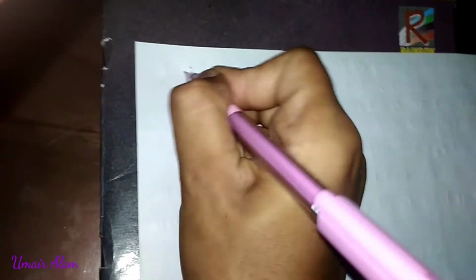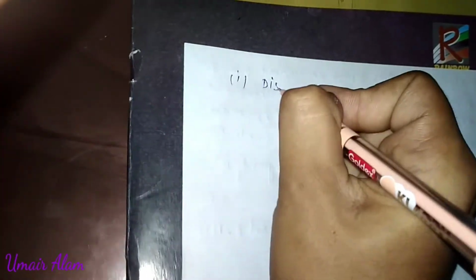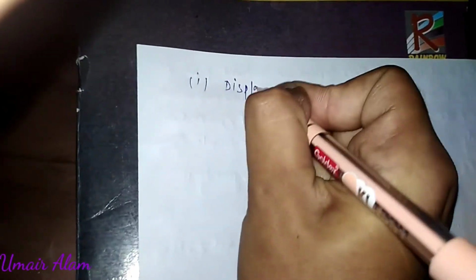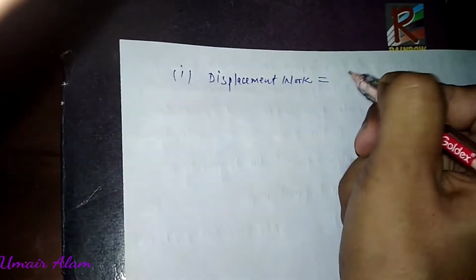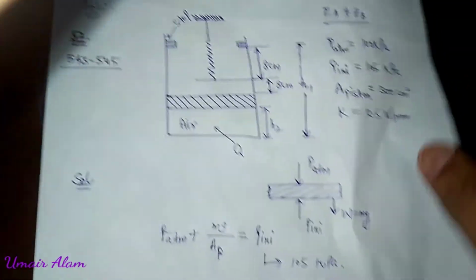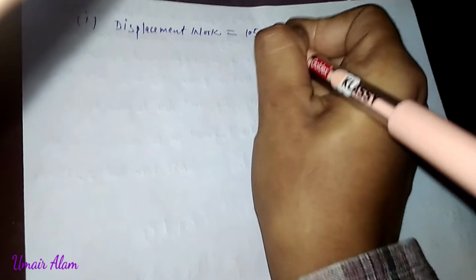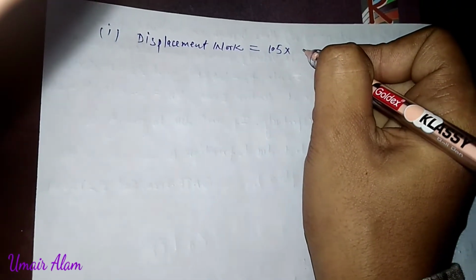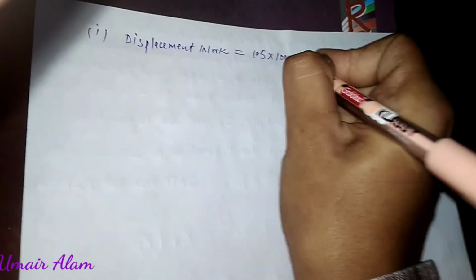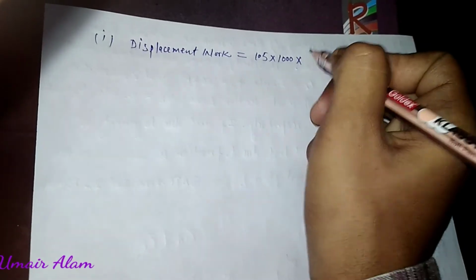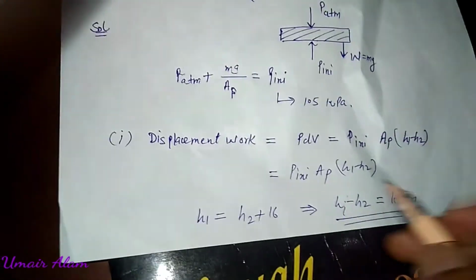So displacement work will be equal to p initial. P initial is given as 105 kilopascal, and converting it into pascal by multiplying by 1000, this is p. And dv is ap into h1 minus h2.